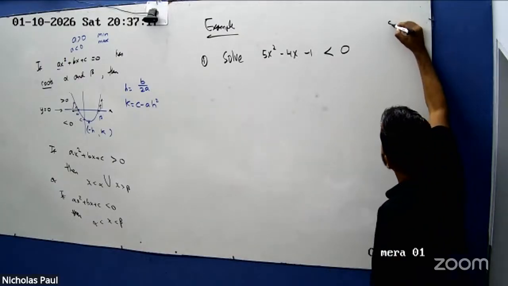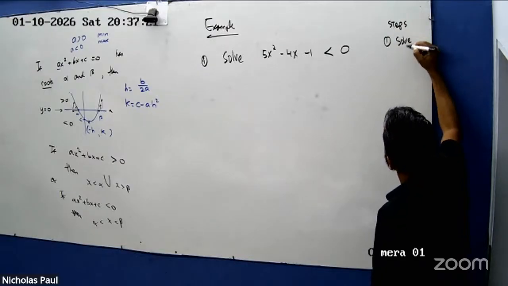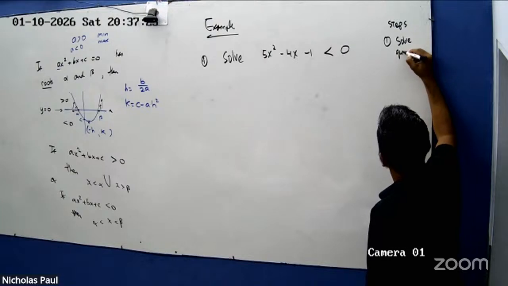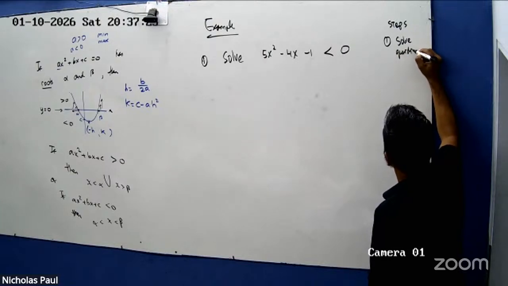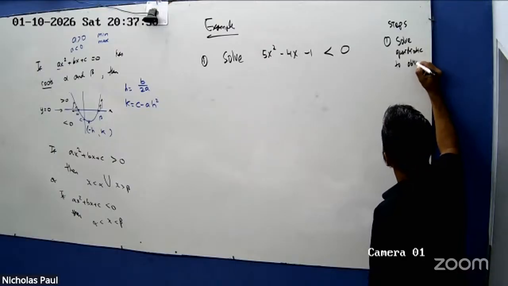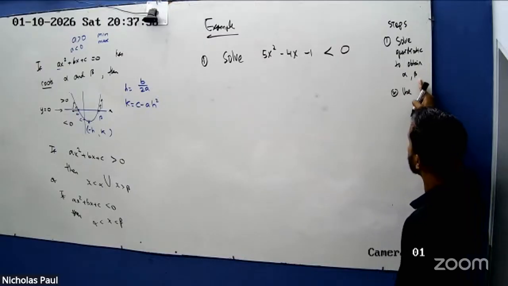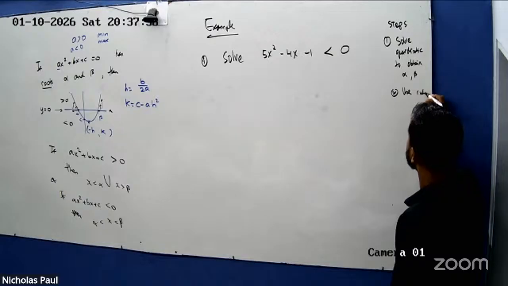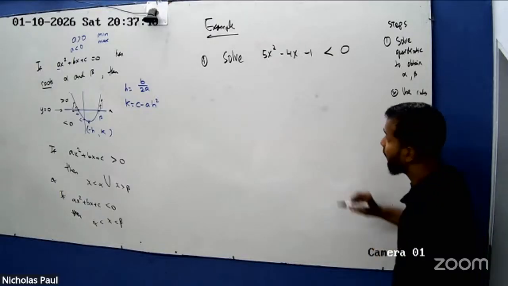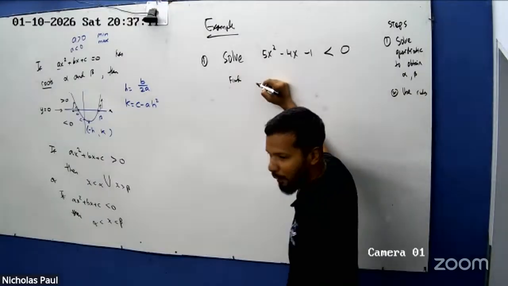Number one, we need to solve the quadratic to obtain alpha and beta. Next, once you do that, we use the rules. That's all. So first thing we're going to do is find the critical values.